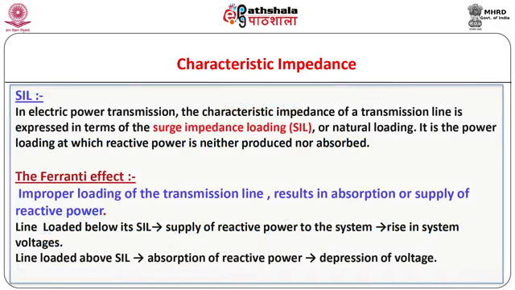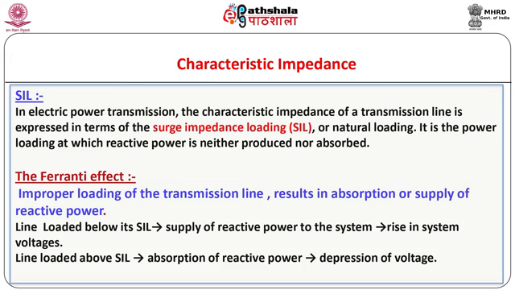In electric power transmission, the characteristic impedance of a transmission line is expressed in terms of the surge impedance loading, that is SIL, or natural loading. It is the power loading at which reactive power is neither produced nor absorbed. Improper loading of the transmission line results in absorption or supply of reactive power.